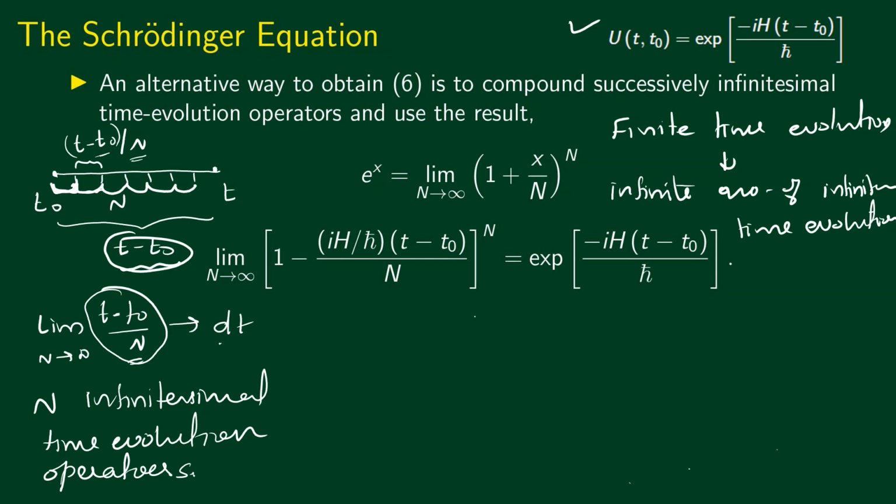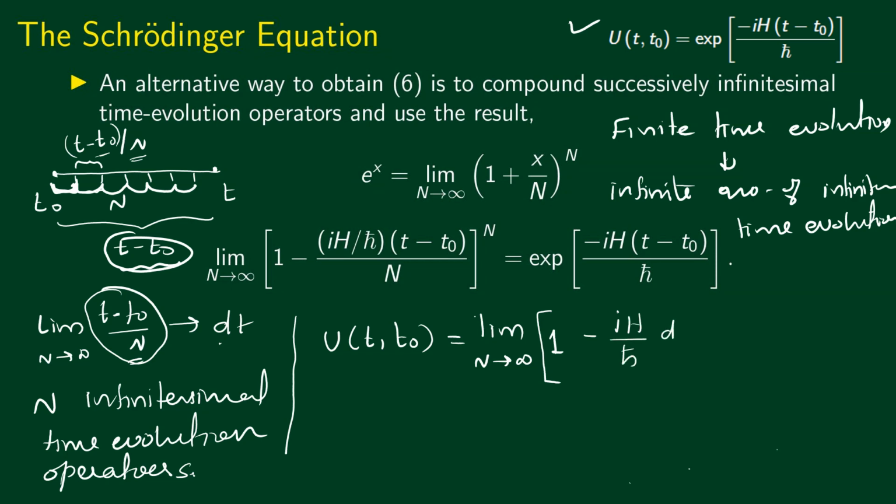Okay, so which means that we can write U(t, t0) is equal to, we take the limit n tends to infinity, so that we can use the result for the infinitesimal time evolution operator. The form of the infinitesimal time evolution operator was the identity operator, 1, minus iH divided by ħ dt.